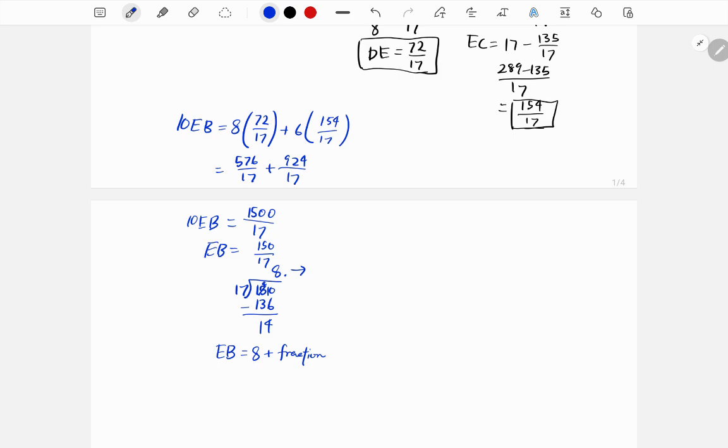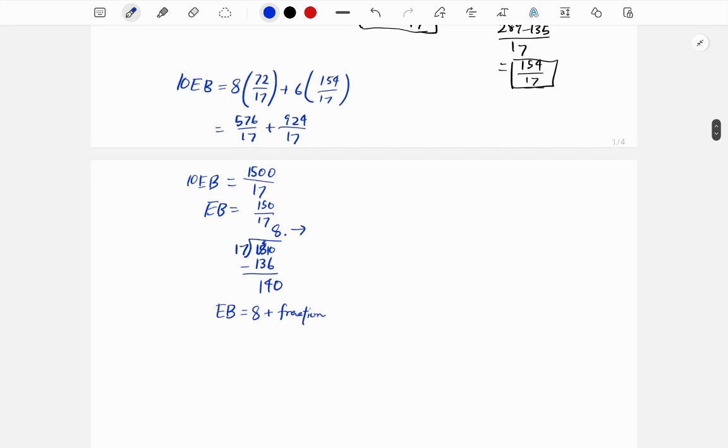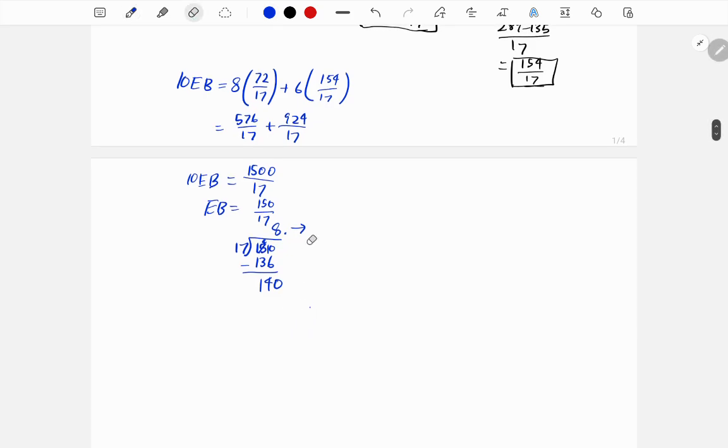But since this is 140, and notice here that, 8 plus some fraction, so now since we have to round off our answer to the nearest integer, we have to do one more calculation to ensure that the decimal point here is greater than 5 or less than 5.